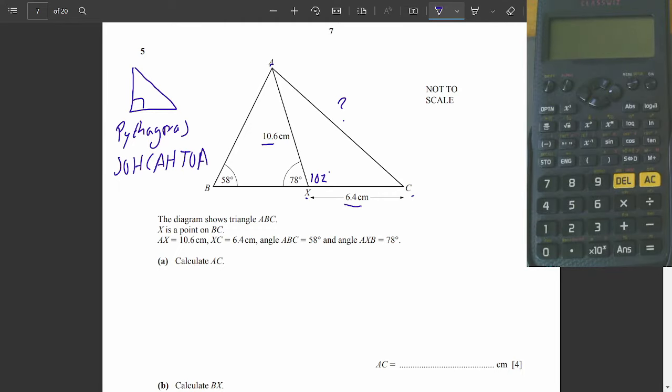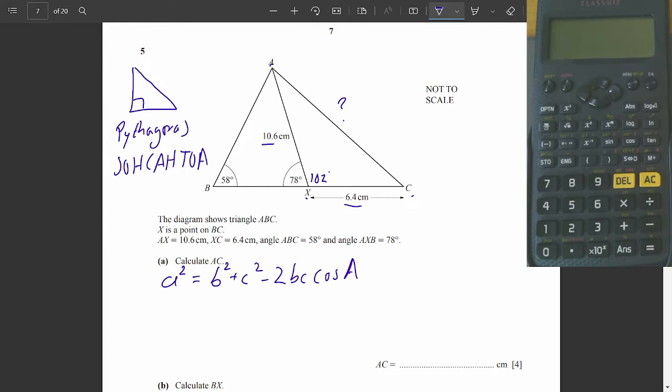So let's write down the cosine rule. A squared equals B squared plus C squared. You recognize Pythagoras in there. And then it's simply minus 2BC cos A. Now, very rarely your triangles is going to be labeled the way you want it. So we're going to label it ourselves, right? We're going to change how it's labeled.